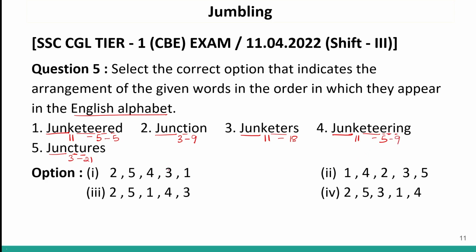So the correct order will be, the first word will be junction. After this, we will get junctures. After this, we will get junketeered.